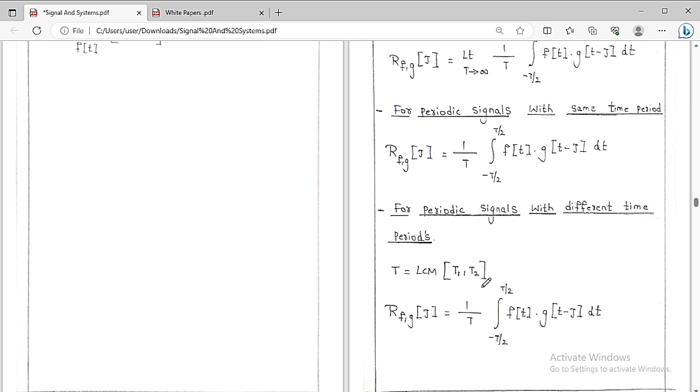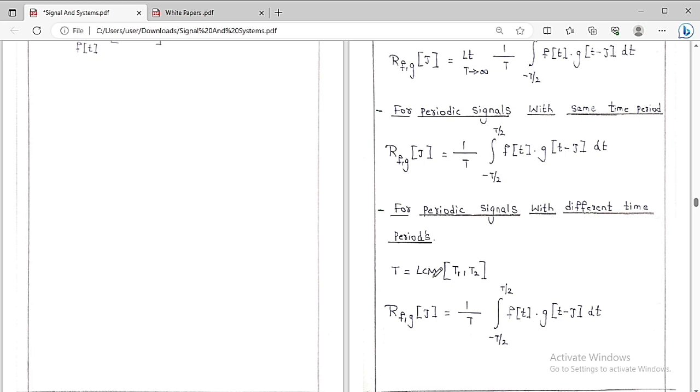So first you have to find the common time period based on T1 and T2. Then the cross correlation between f of t and g of t, R f comma g of tau, is equal to 1 by T integration from minus T by 2 to T by 2 of f of t into g of t minus tau dt. This is the same as before; the only thing is we used the common time period.